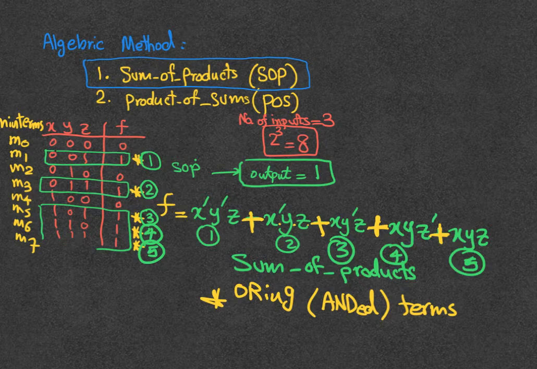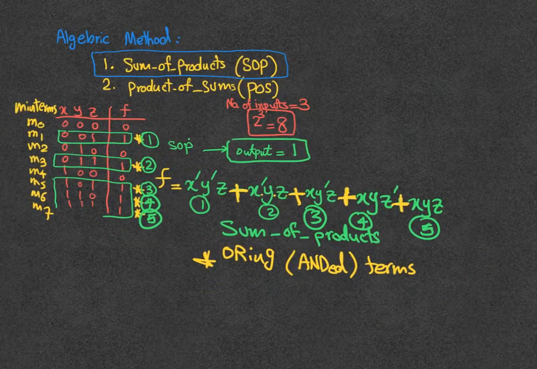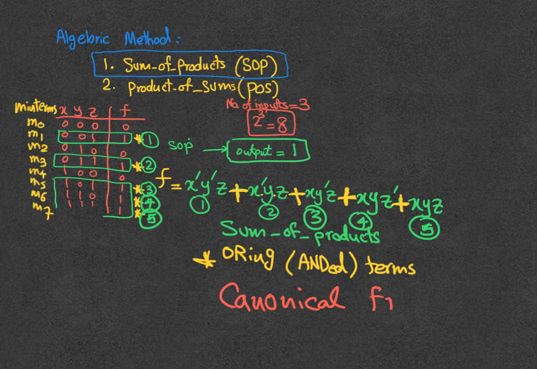But this is not, oops, sorry. This is not a simplified version, okay? So this is called canonical form. Canonical form means that each of the terms has all the variables, all the inputs in.